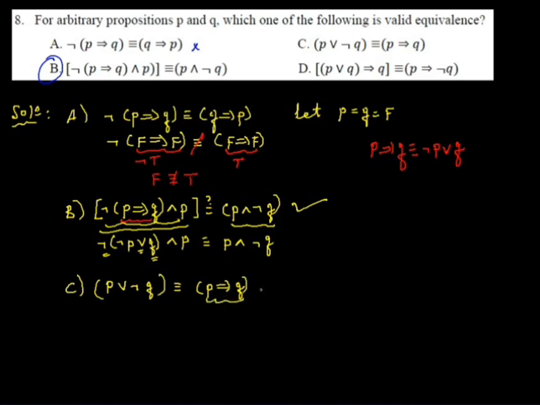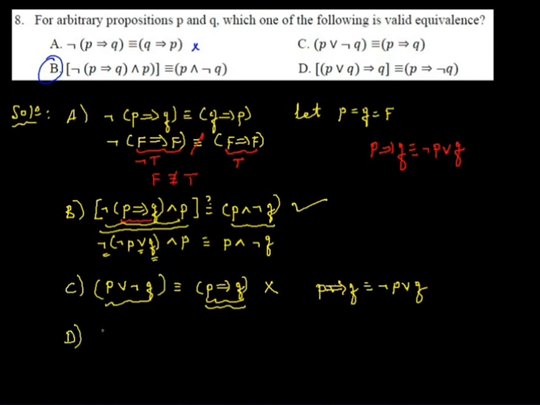P implies Q is equivalent to the negation of P or Q. Okay, so this is the negation of P or Q, but this part is P or negation of Q, which is different. So this is not a valid equivalence.